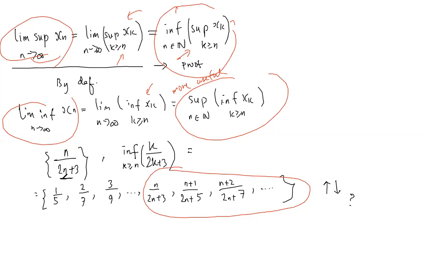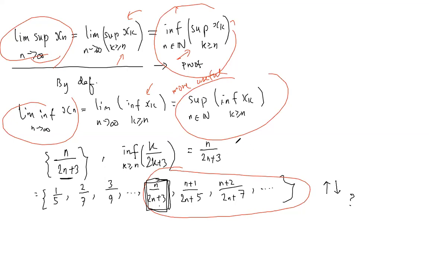What will happen if n is getting larger and larger? It increases. Yes, it's increasing, because towards the end it will converge to 1 over 2. So the infimum of these will be the first value. This is an increasing sequence, so the smallest of them will be the first value. So the infimum will be n over 2n plus 3.